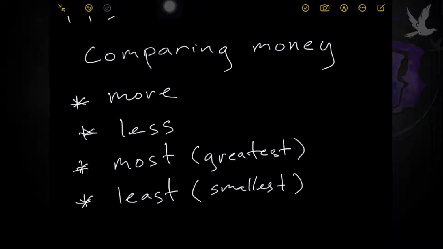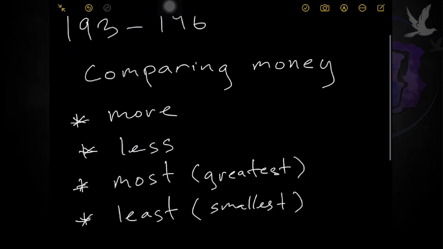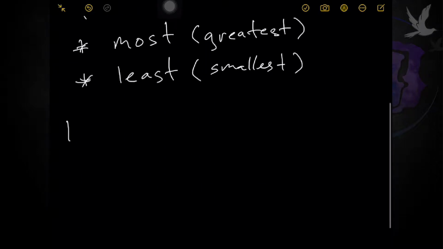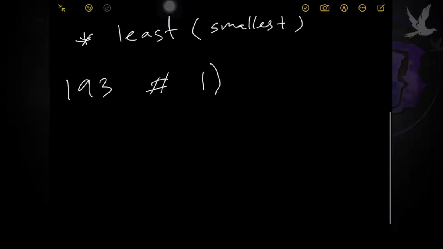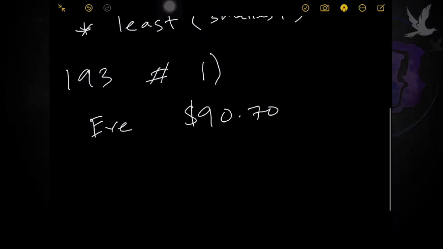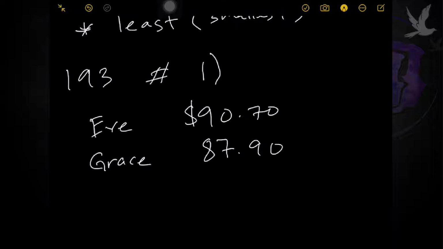So when comparing numbers, for example lang, for page 193, item number 1. Example lang yan ha. Eve raised $90.70, while Grace, teacher Grace maybe, raised $87.90 for charity.